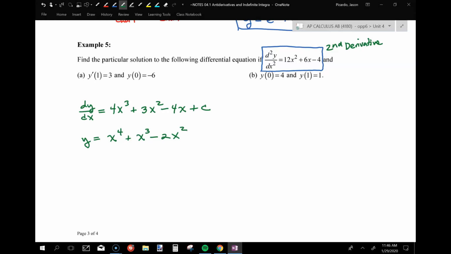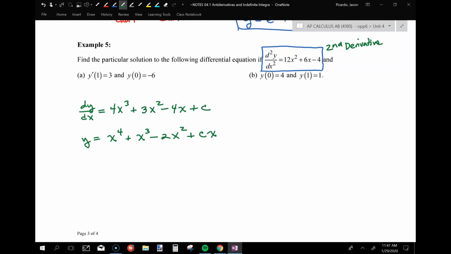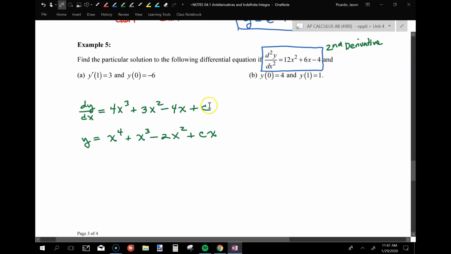What's the antiderivative of c? Sure it is. Plus cx, right? So there you go. So think about what we just did right there. We know that the potential exists that there was some constant here, right?